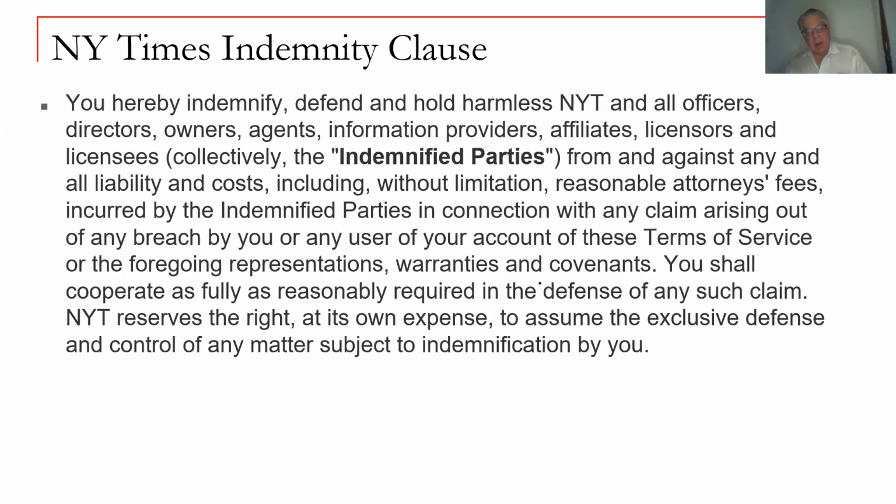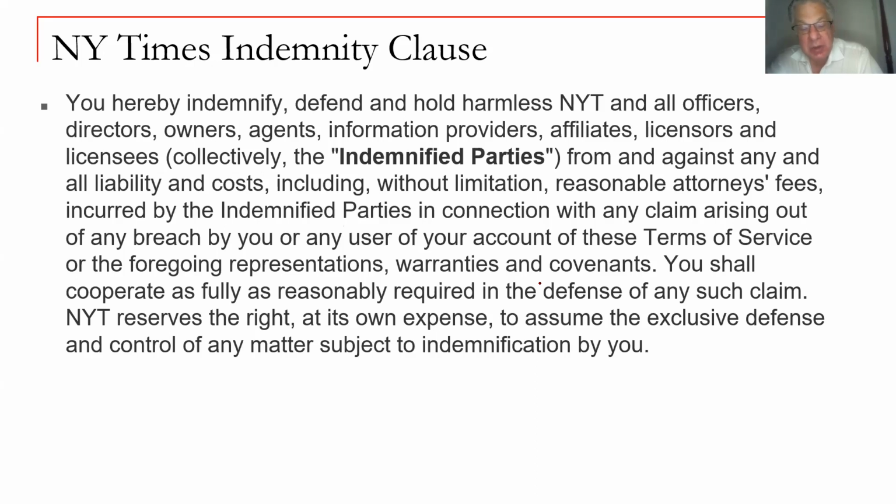Here's the New York Times indemnity clause. As I said, in the world we live in it's easier to pick examples from online contracting. So this is the New York Times online, but as I said, our offline contracts have the same clauses. For example, the publishing contracts I just mentioned are all sent on paper.